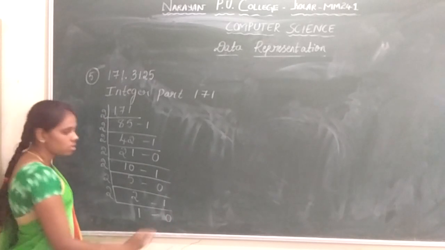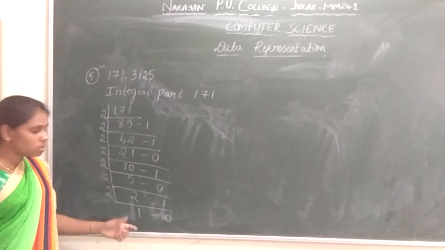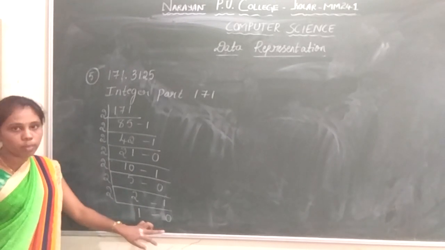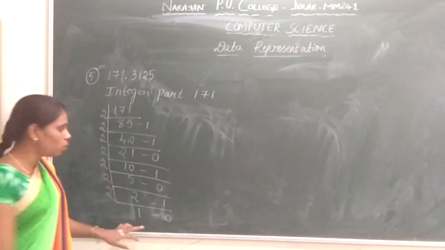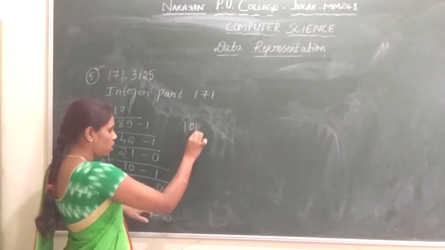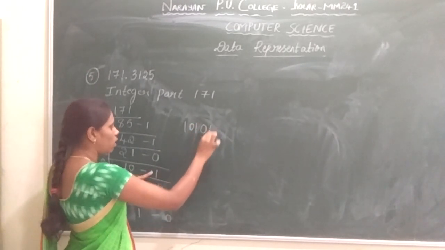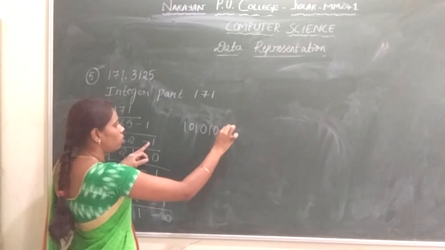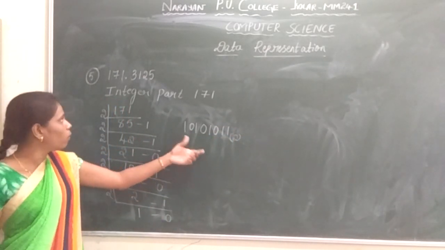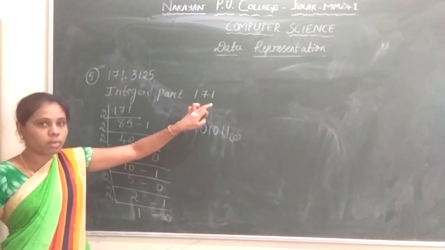The remainder is 0. Stop this process because 1 cannot be divided by 2. Now note down these binary digits from bottom to top, that is 1, 0, 1, 0, 1, 0, 1, 1. So this is the binary equivalent value for the integer part 171.